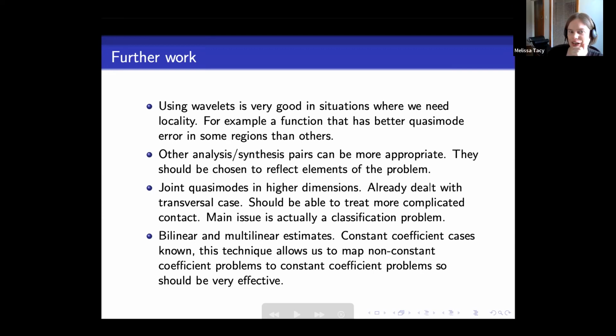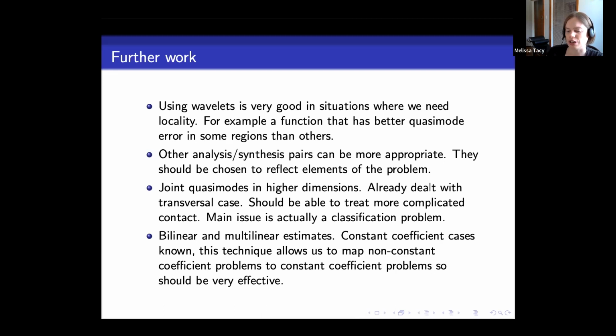So ideally what I'd like to get is sort of two things. One would be a really generalized sort of machine that tells you, if you have this sort of problem, here are some analyzing functions that will be good for it. But also to look at general classes.